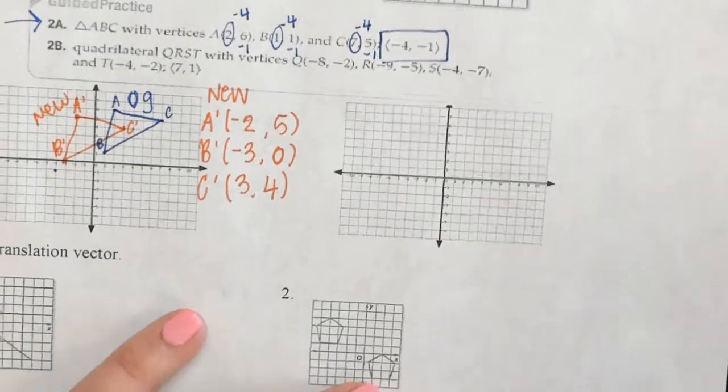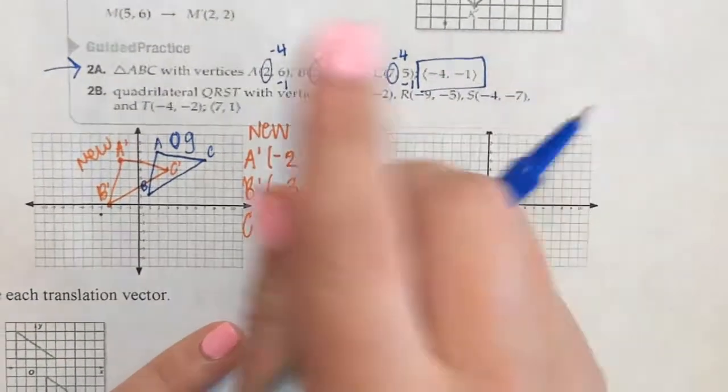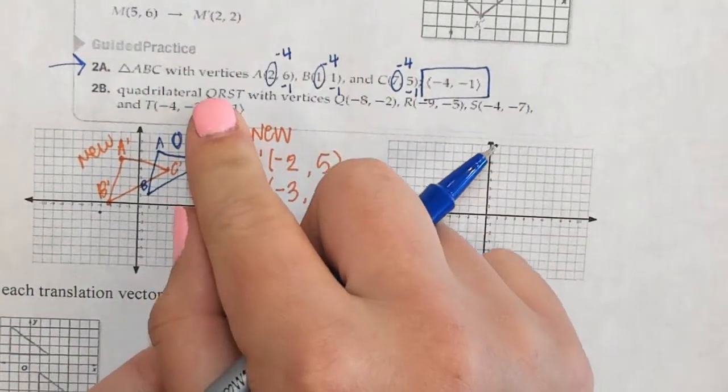All right, I'm going to go plot my original points on 2B. How was 2A? Y'all good?